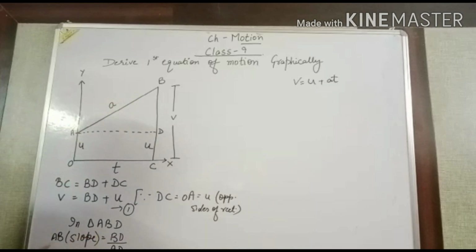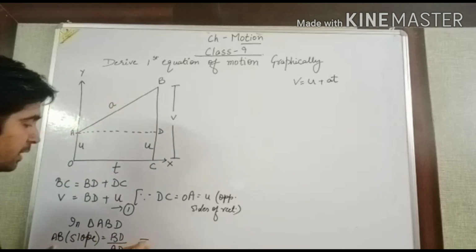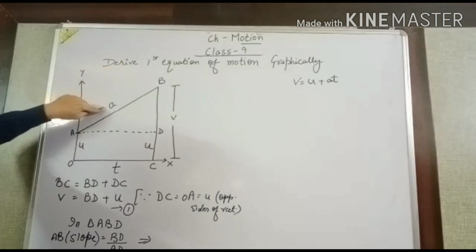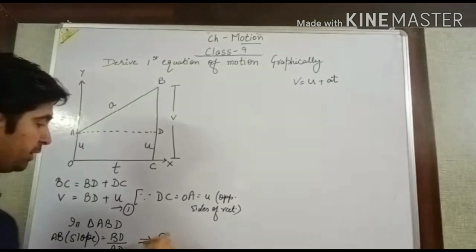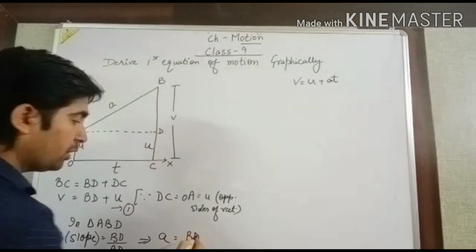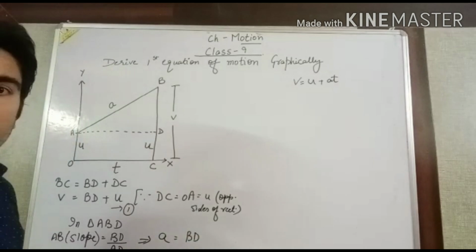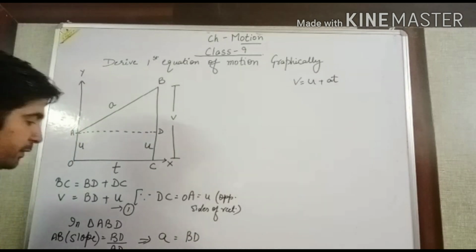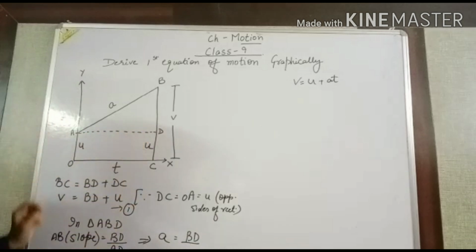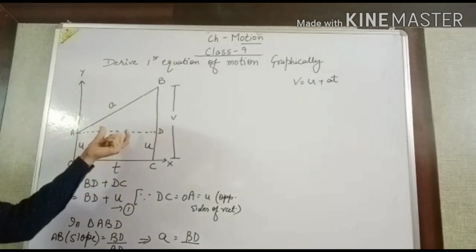Now if we put the value of AB, what do I get? AB is my acceleration and the symbol I have taken is a. So here I put a for acceleration = BD, because we need to find the value of BD, upon AD. Now OC = AD, again for the same reason, opposite sides of a rectangle.